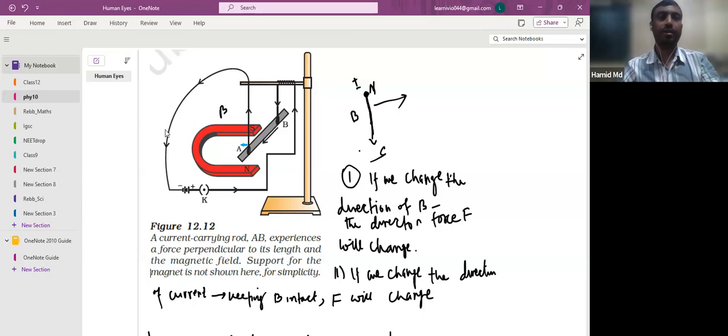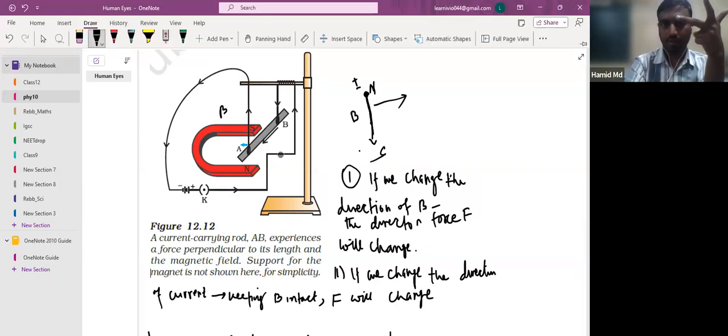Those three fingers are the thumb, forefinger, and this center finger, or middle finger. It says that if this finger shows the direction of current, the current is flowing through this metallic wire, and this is the direction of current.